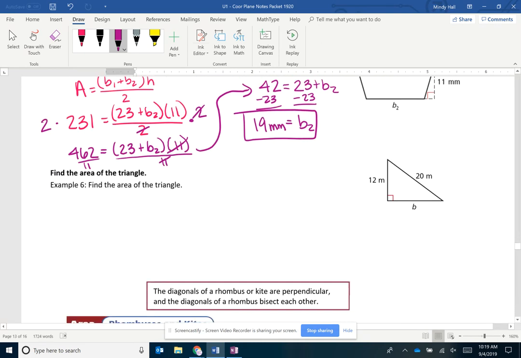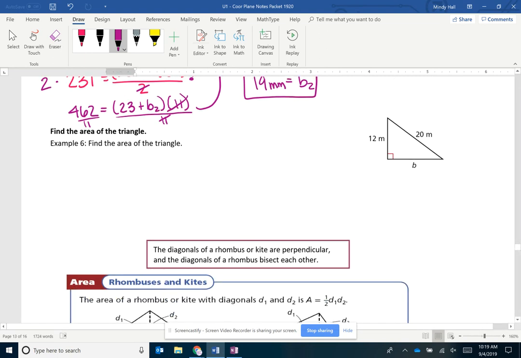So if I wanted to find the area of this triangle, I still need my base and my height. But notice that my base, I don't know. So there's a really big hint in here. That right triangle tells you that you can use the Pythagorean theorem. So we would have 12 squared plus b squared equals 20 squared. 12 squared is 144, and 20 squared is 400.